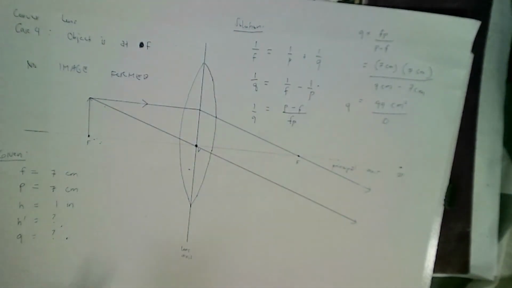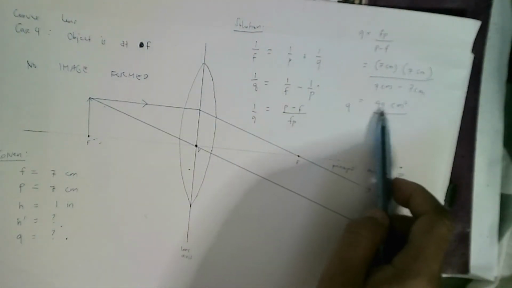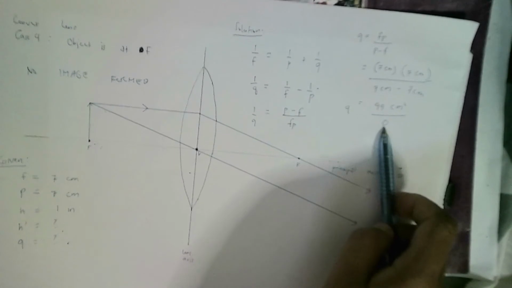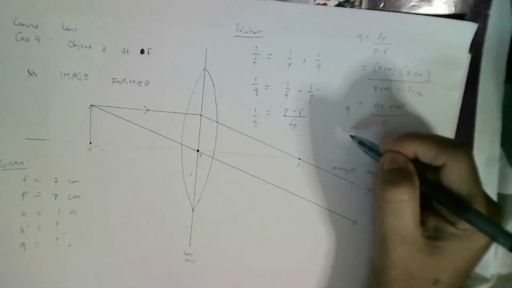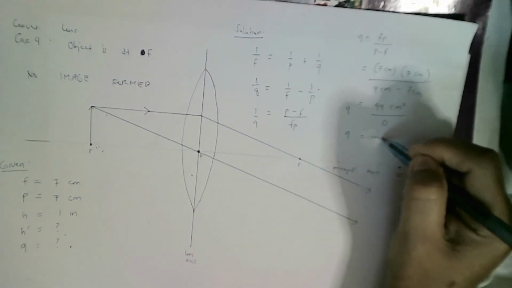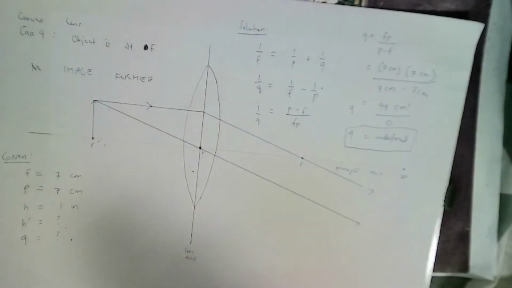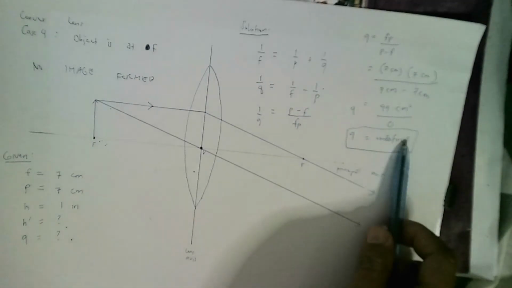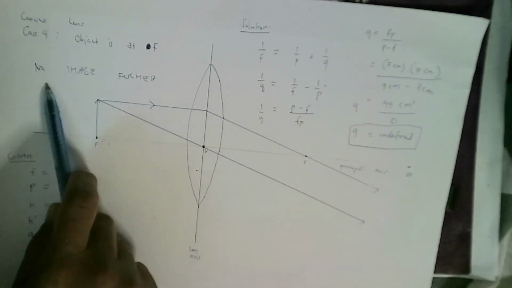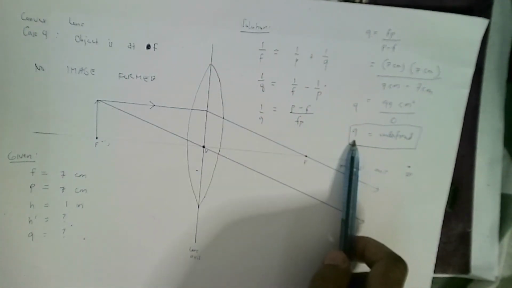And there goes the problem here, because any number divided by 0 is undefined. So the q is undefined. And why is the q undefined? Because there's no image formed, meaning q is the image distance.